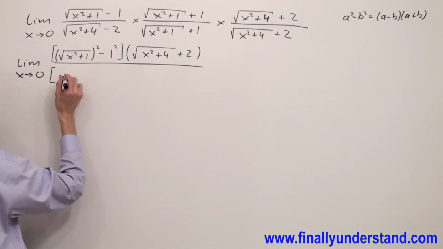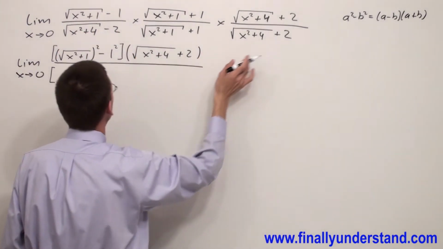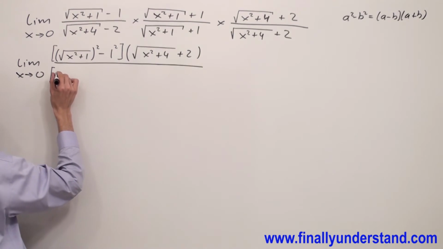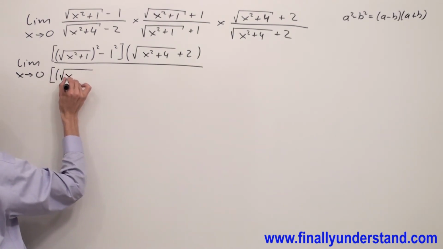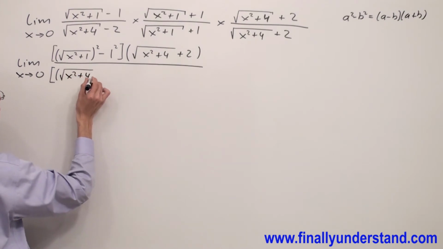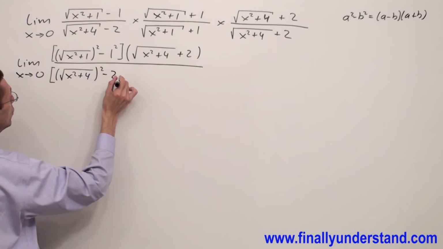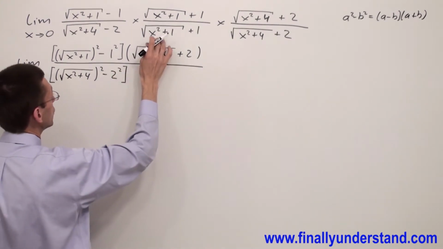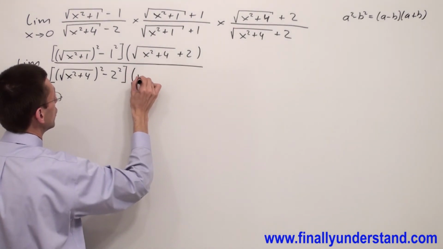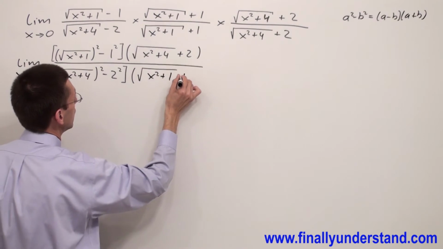This is going to be my a, this is going to be my b, this is my a, this is my b. I have square root of x squared plus 4 to the second power minus 2 to the second power times whatever is left, square root of x squared plus 1 plus 1.